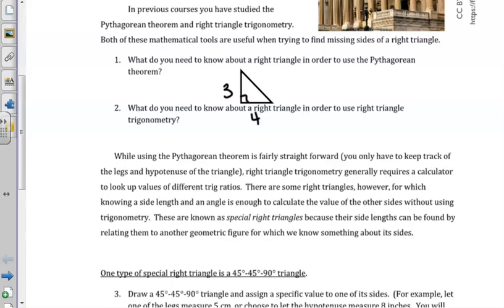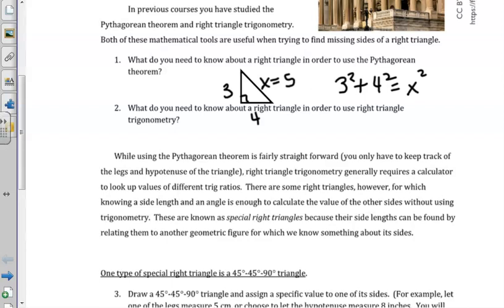We actually know from prior knowledge that we can use the Pythagorean theorem in order to find the hypotenuse. And when we solve, this is what we call a Pythagorean triple, we would get 5 units long. We are then asked what we would need to know about a right triangle to use right triangle trigonometry.